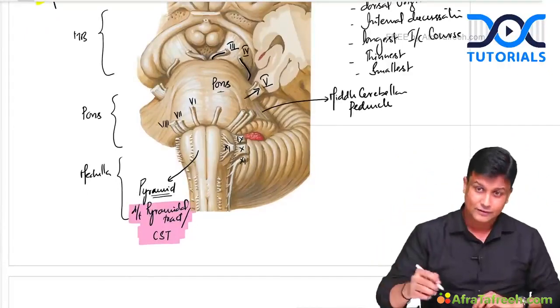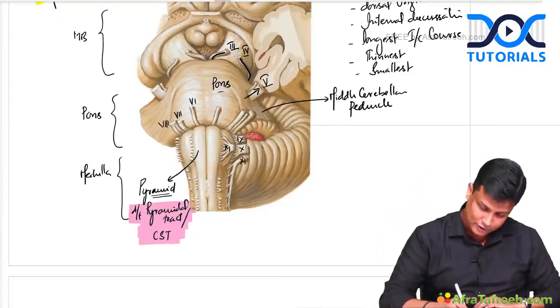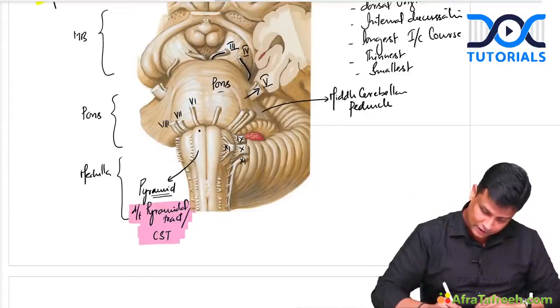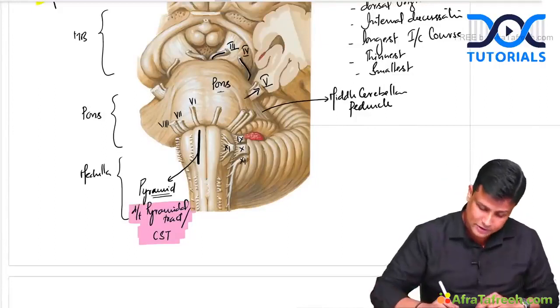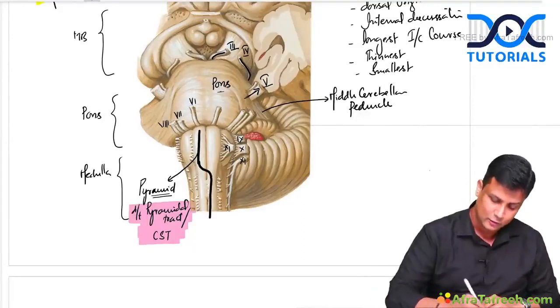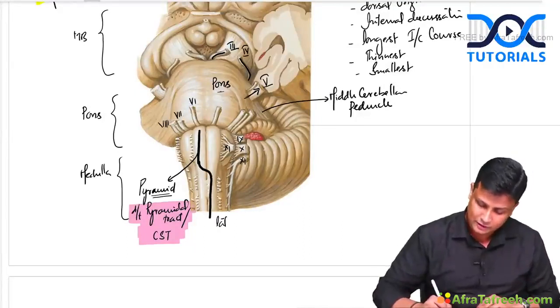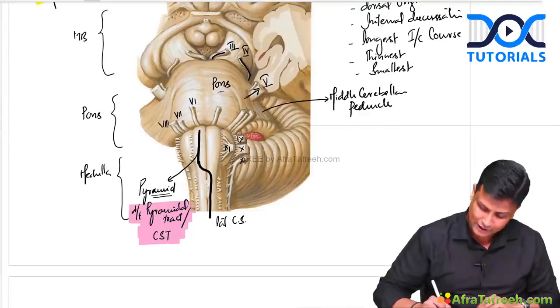Now listen very carefully. We all know very well what is going to happen here. The pyramidal tract fibers are going to descend down in the medulla oblongata. In the lower medulla, 90% of the fibers are going to cross to the other side. And they are the ones which are going to form the lateral corticospinal tract.